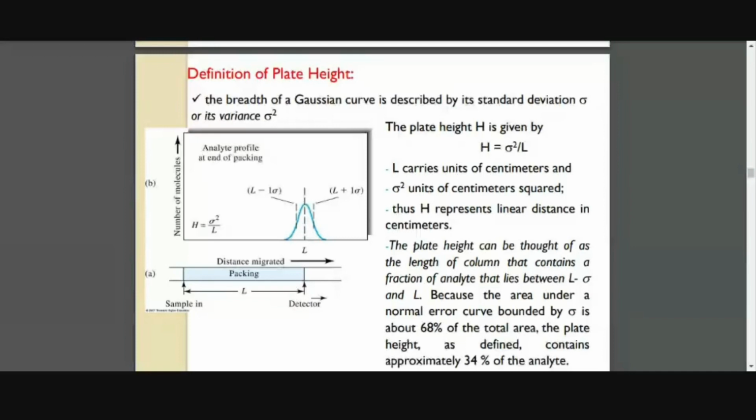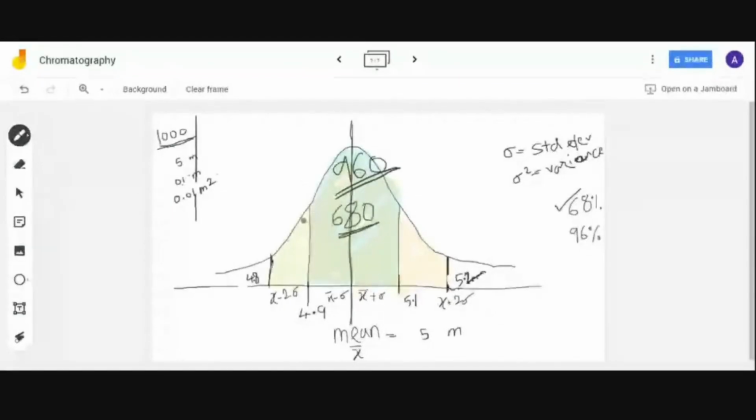The plate height can be thought of as the length of column that lies between L. Try to correlate. Okay, so we are talking about this distance.